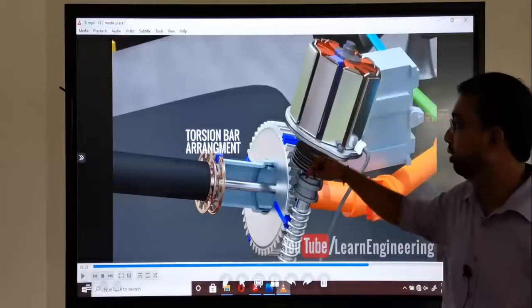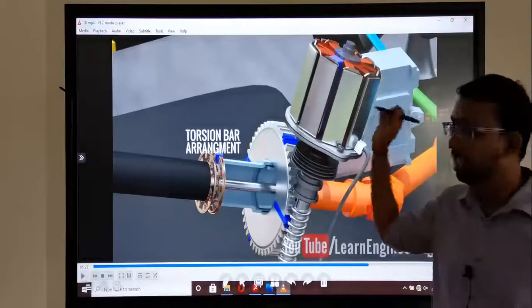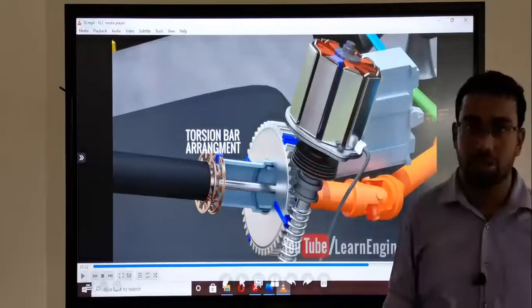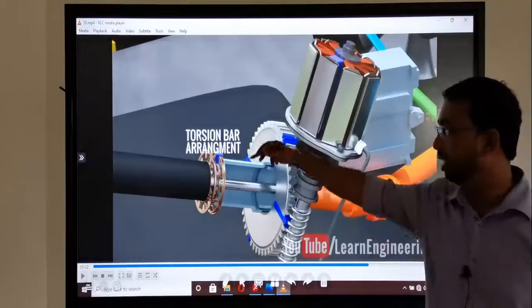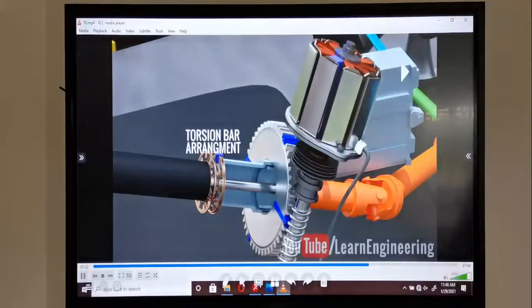So the torque is calculated by this torsion bar, and moreover there is a Hall effect sensor. It sends the input data from the Hall effect sensor and torsion bar, which is read by the ECU, and it takes the output decision.